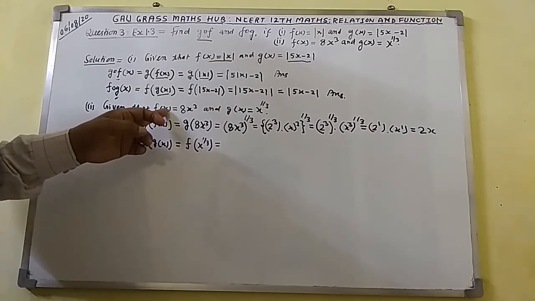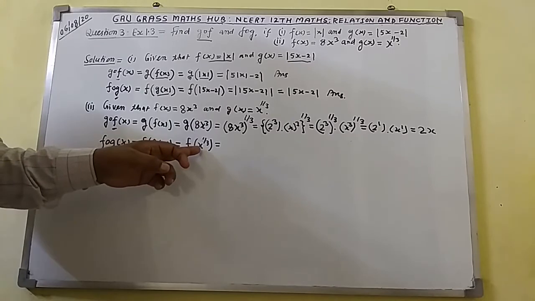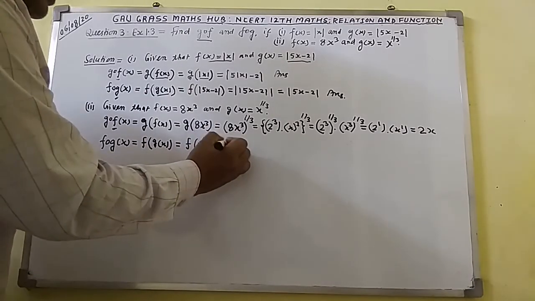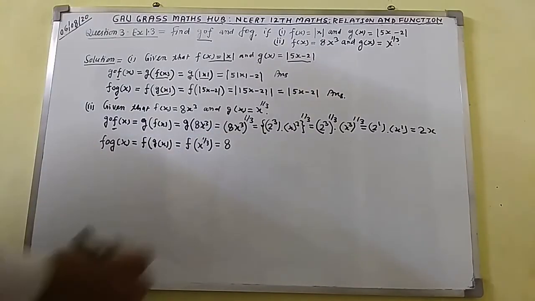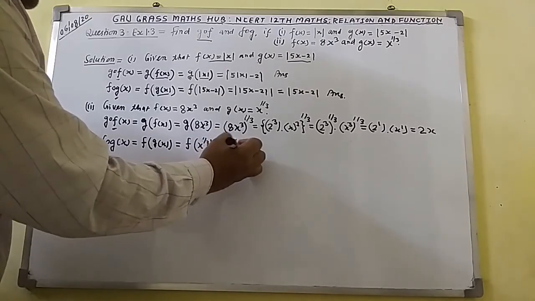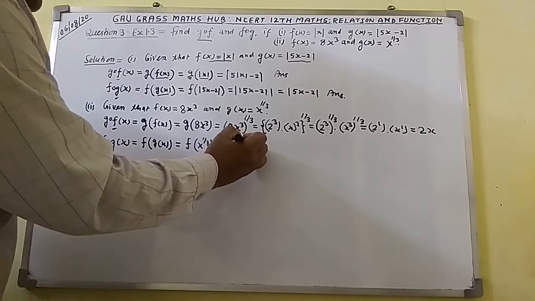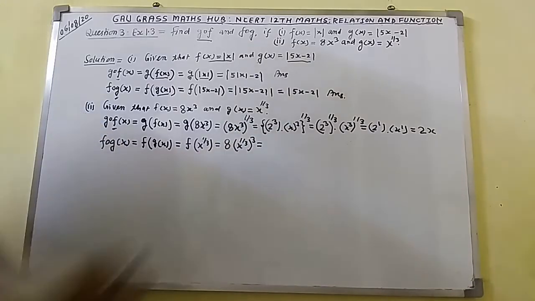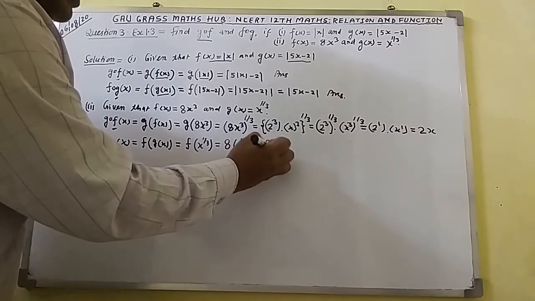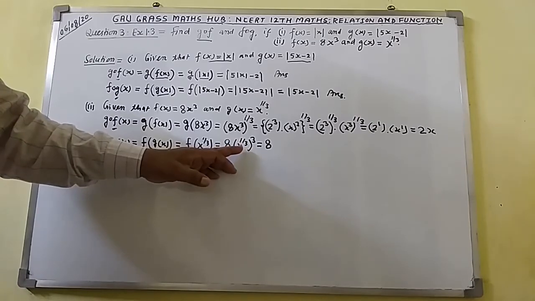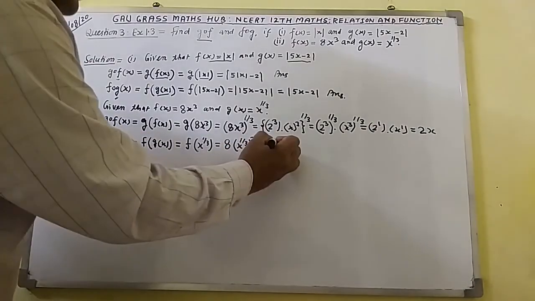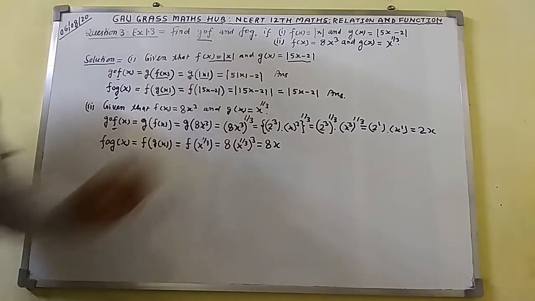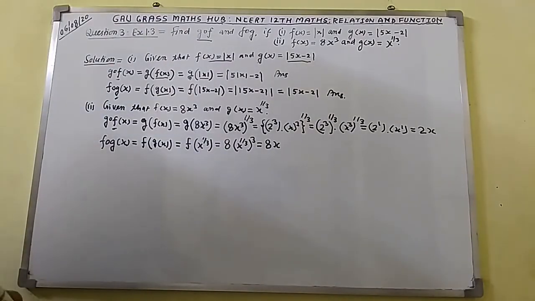So in place of x we shall write x raised to power 1/3. This will become 8. In place of x I shall write x raised to power 1/3 whole to power 3. So 8 will remain as it is, and 1/3 raised to power 3 it will become 8x. f of g(x) is equal to 8x. This will be the correct answer.